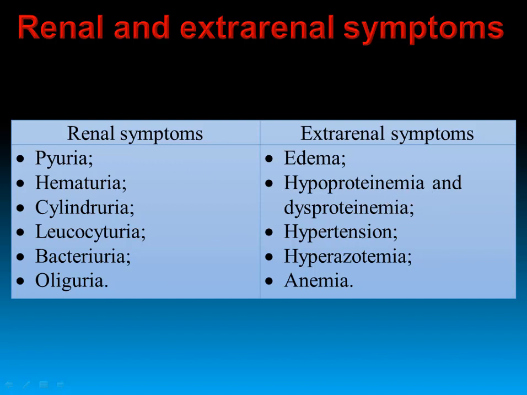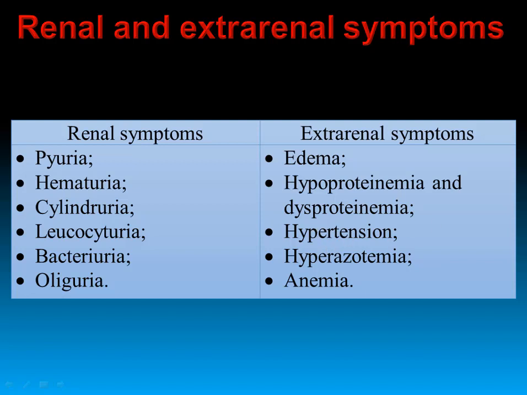That's why hypoproteinemia. And because mostly the proteins which are lost by the organism are albumins, we will see an imbalance between albumins and globulins, so dysproteinemia, a disturbed composition of the blood according to protein molecules.